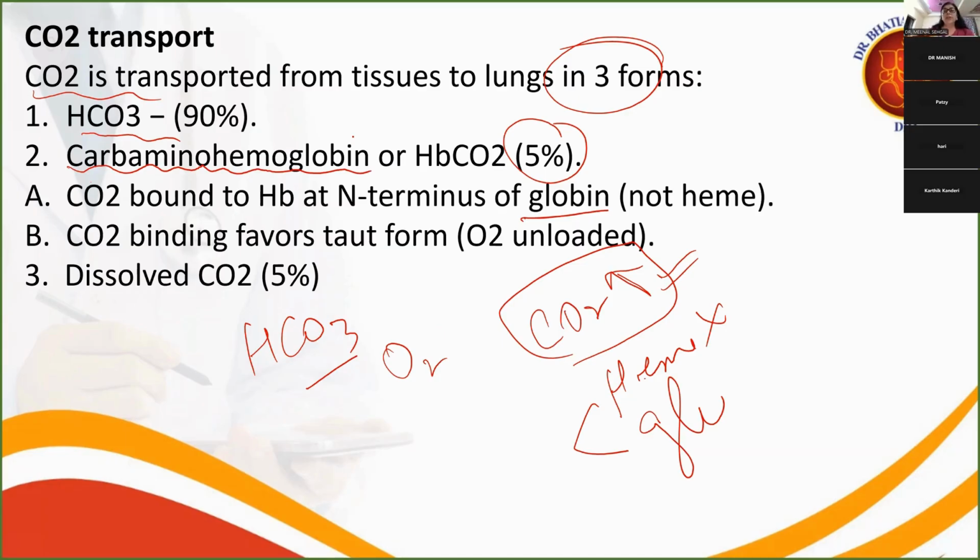So carb-amino-hemoglobin exists in 5% format. The remaining 5% of the CO2 is dissolved. So what are the three forms of CO2 transportation in our blood? 90% as bicarb, 5% as carb-amino-hemoglobin, and 5% is dissolved.